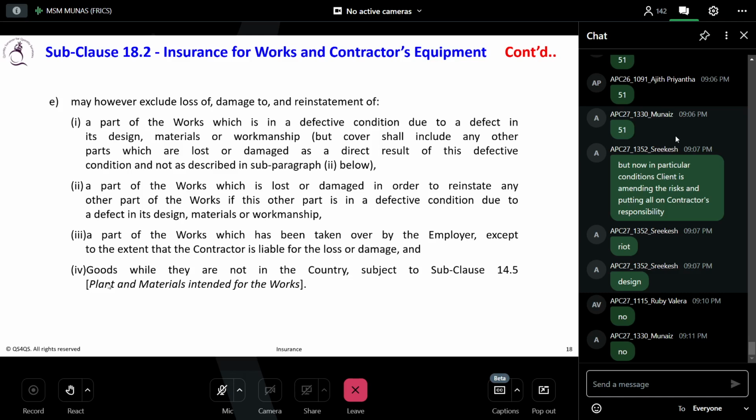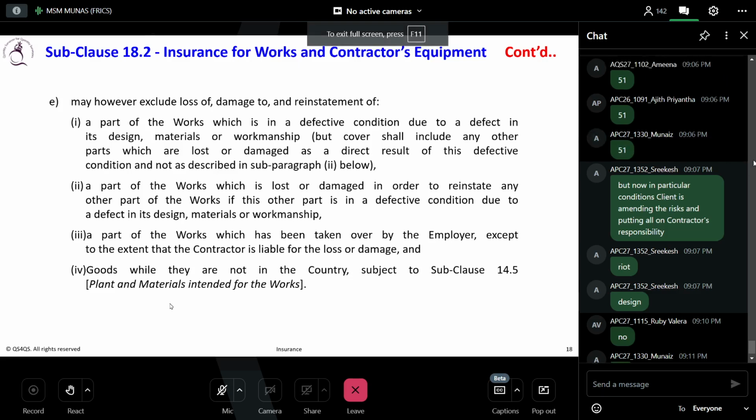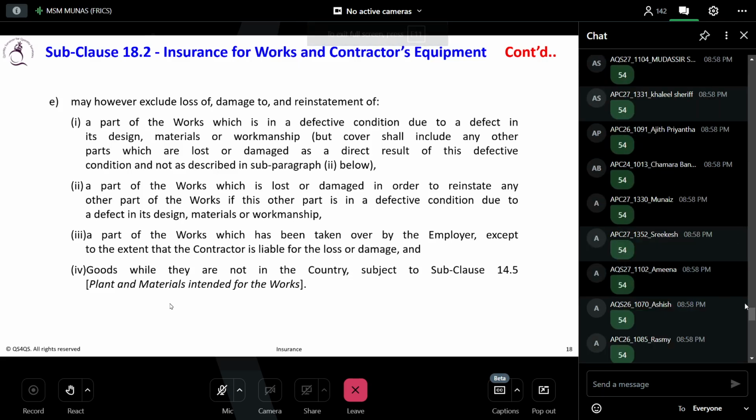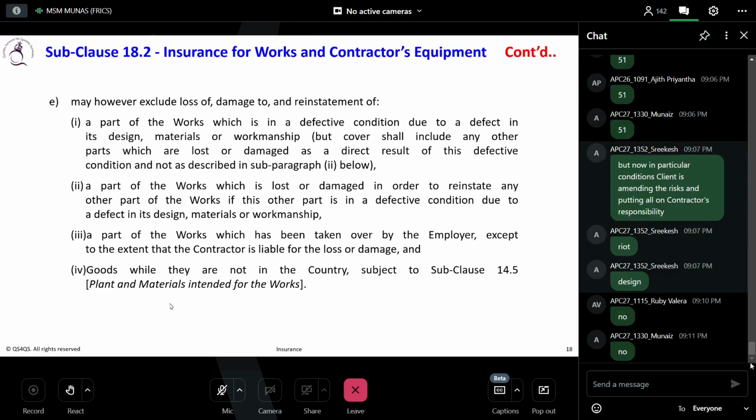Okay, the fourth one, E4, goods while they are not in the country, subject to 14.5, plant and materials intended for the works. So insurance generally does not cover off-site material. You should have separate insurance for off-site material. So very clearly the exclusions are given under 18.2. Okay, so again it is subjective. You have to read your contract.